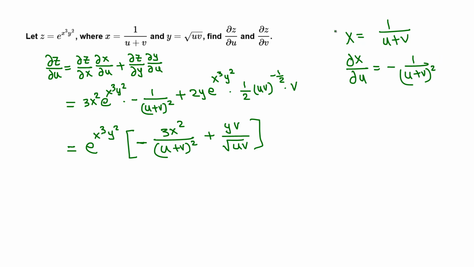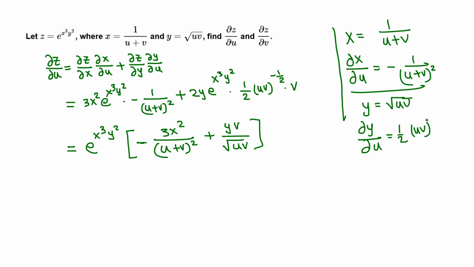So we don't have to write that. And when we have y equals root uv, which is uv raised to 1/2, then by the power rule, the derivative with respect to u is 1/2 uv raised to 1/2 minus 1, negative 1/2, times the inside with respect to u, where just v survives.